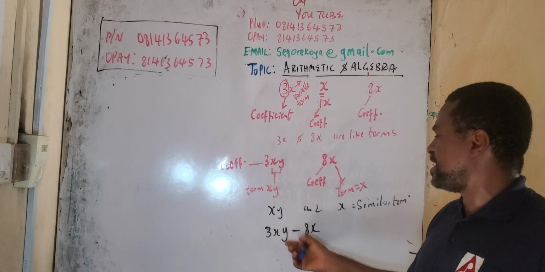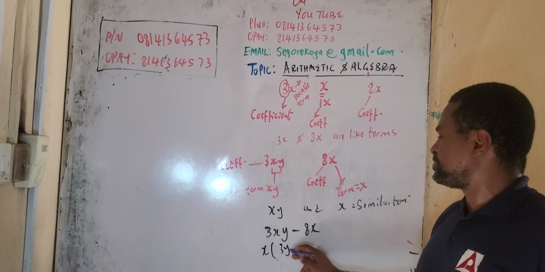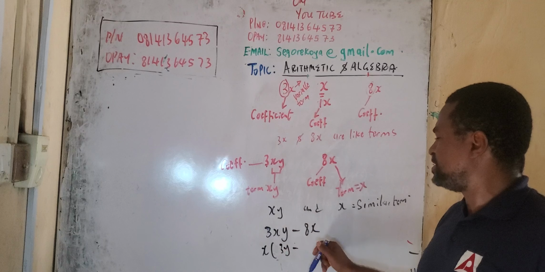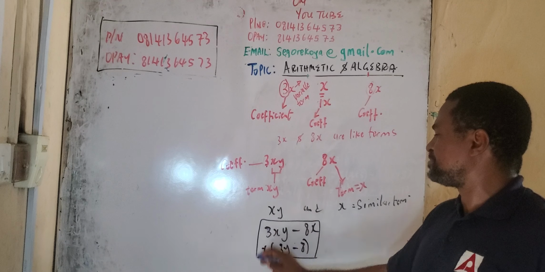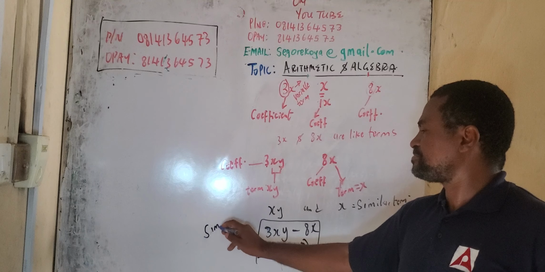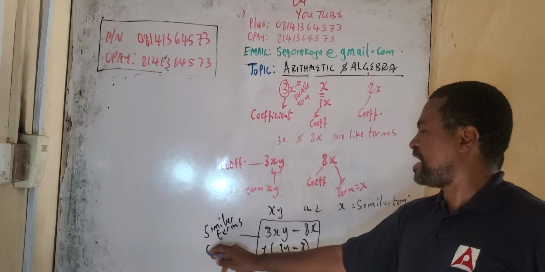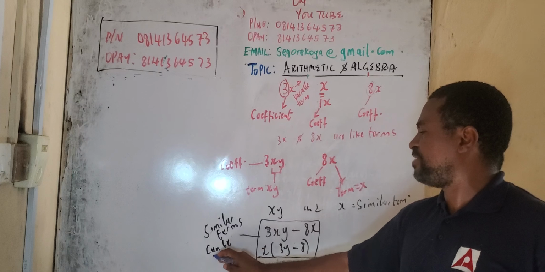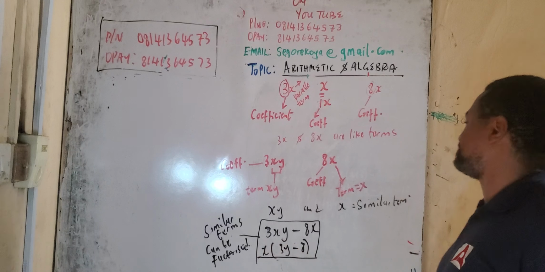What is common here is x. So if you take x out, you'll be left with 3y. If you take x out here, you'll be left with 8. So similar terms can be factorized. Also, like terms can also be factorized.